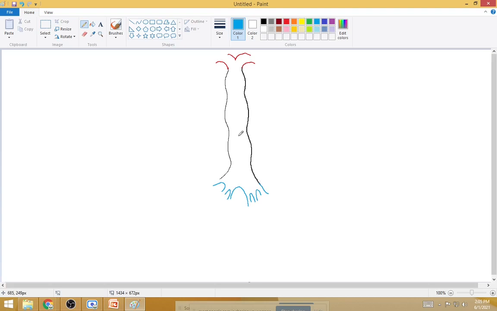Isn't it? So the structure of the heart tube was somewhat like this, isn't it?